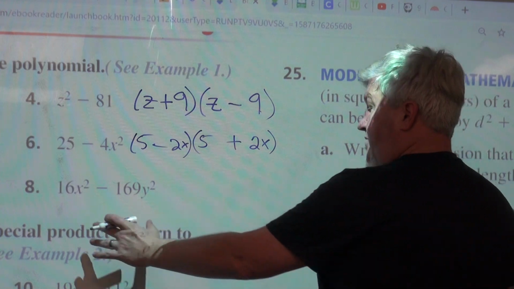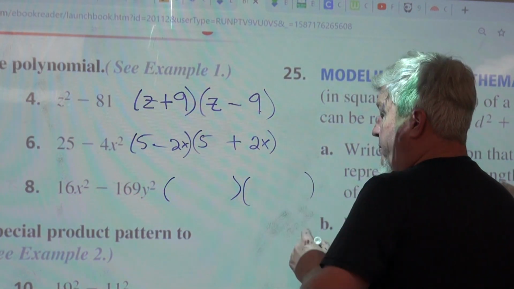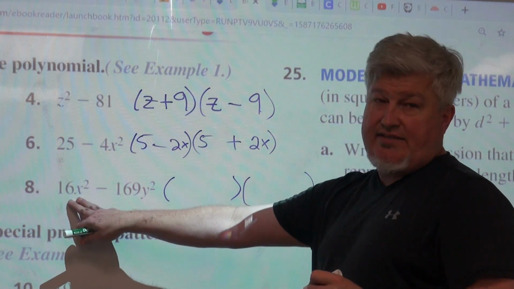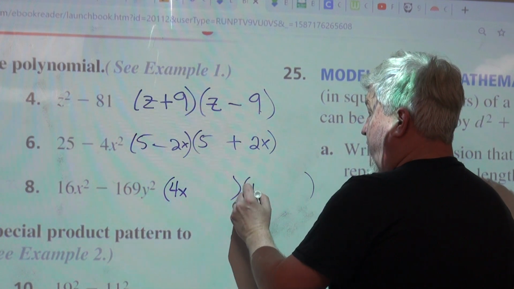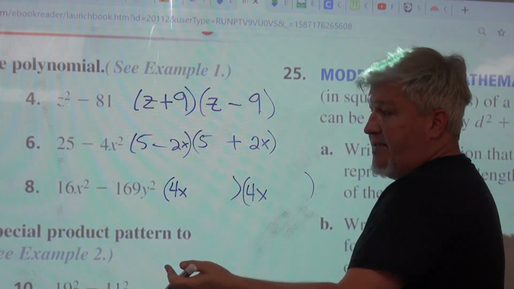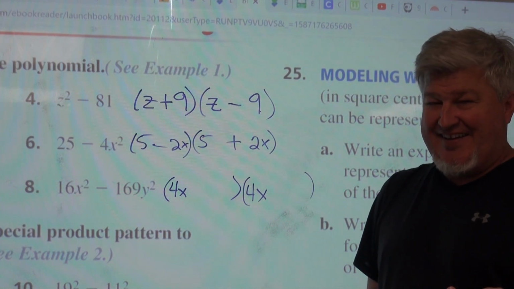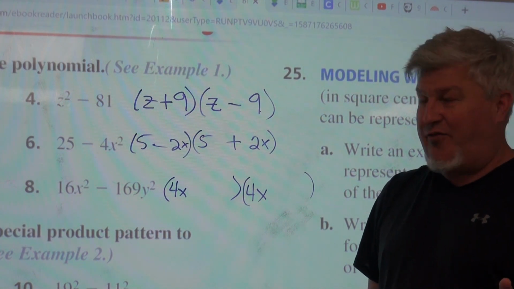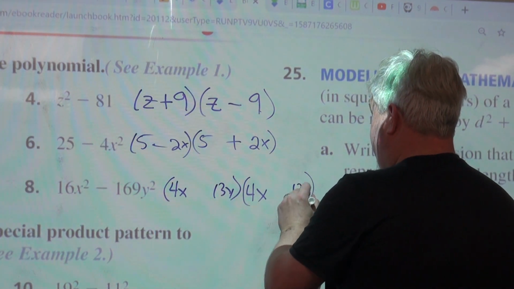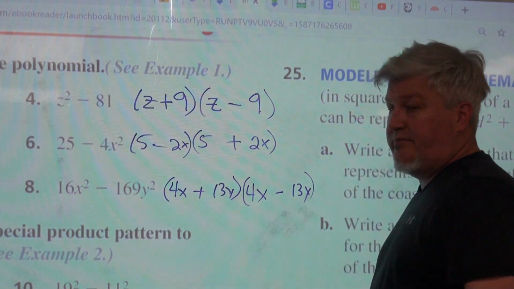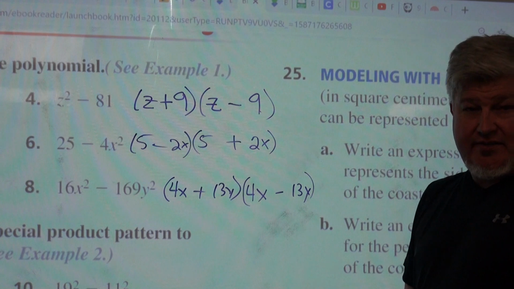Down here, as you get more advanced with math, you'll start to pick up on perfect squares. 16 you should already know is a perfect square of 4, so 4x and 4x. 169 is the perfect square of, Megan? 13. 13 is correct, with the variable. And you're done. That's all the harder this perfect square business needs to be.